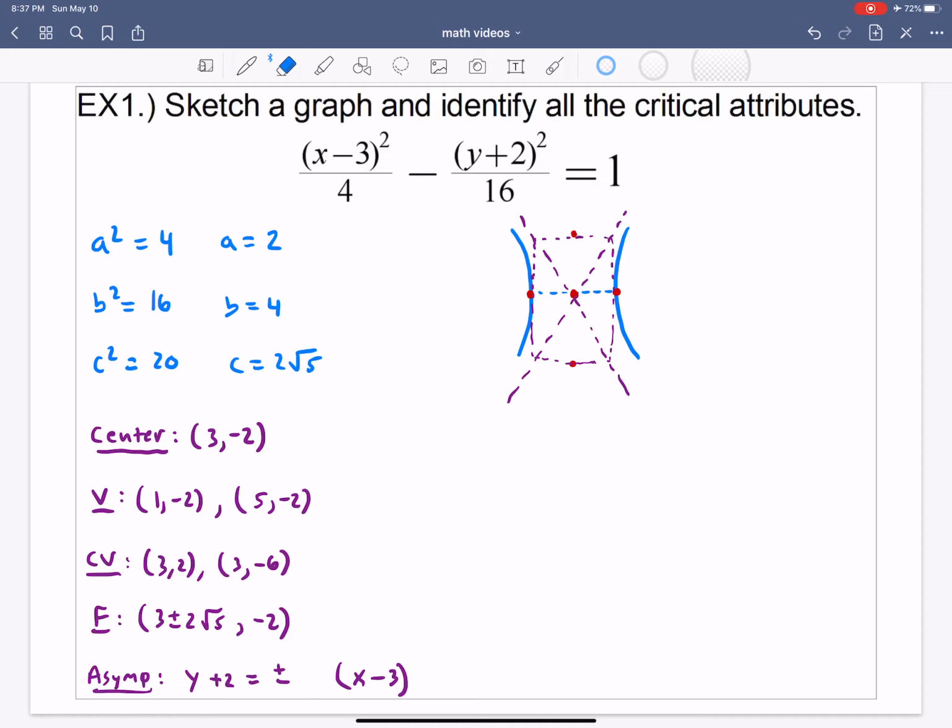That's 4 over 2, which we could simplify to 2, a slope of 2 and a slope of negative 2. So there you go. That is a very simple, straightforward example on how to find the attributes of a hyperbola. There's number 1.